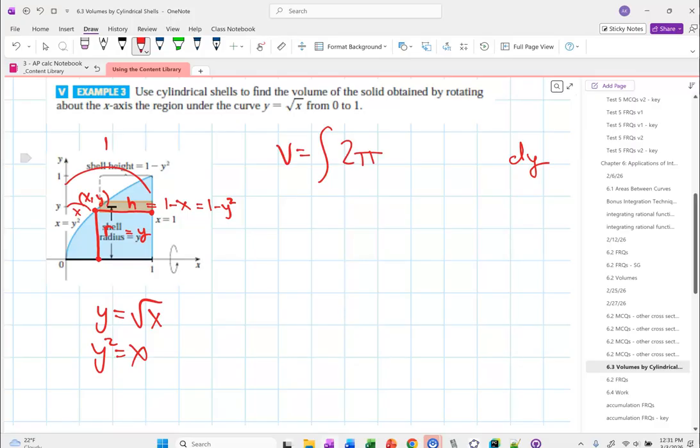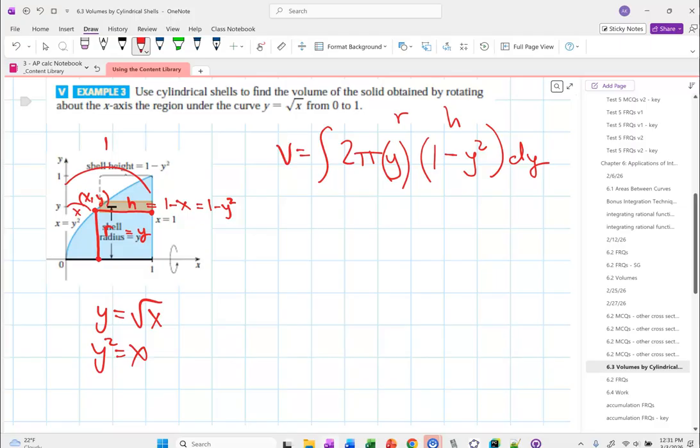So we have 2 pi times r times h. Does that feel okay? Yes? Could you repeat where you got the 2 pi? It's part of the formula. Remember, we're taking a cylinder with a hole through it, and we're calculating the volume of that.